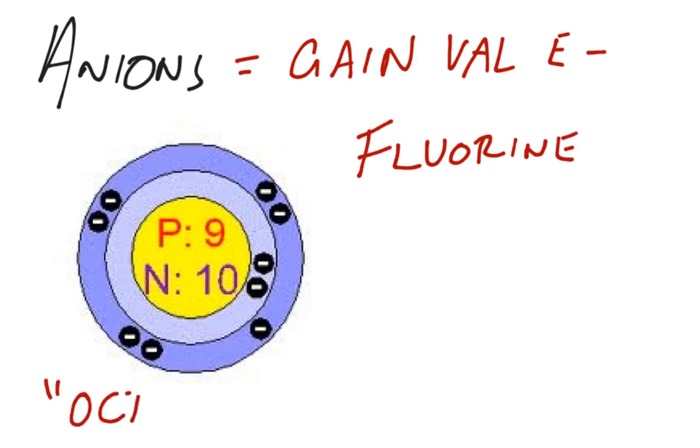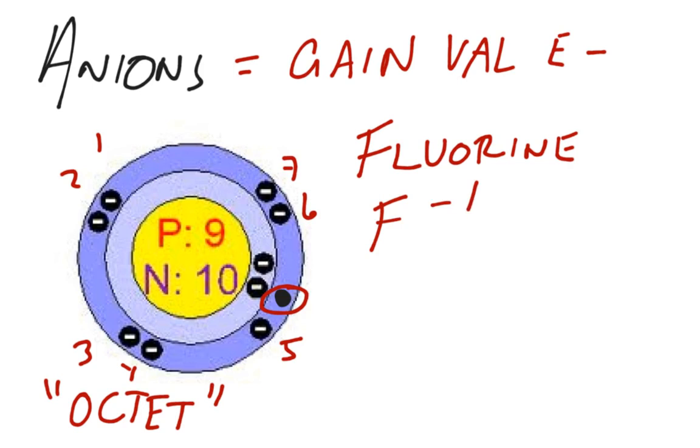An octet would be having 8 electrons in the valence shell, the outermost shell. And as we look at this here, we find that fluorine has 7 valence electrons. Every element wants to get to that 8, and there is one spot available for fluorine to gain an electron. Because of this, fluorine will gain one more valence electron and will take a charge of -1.